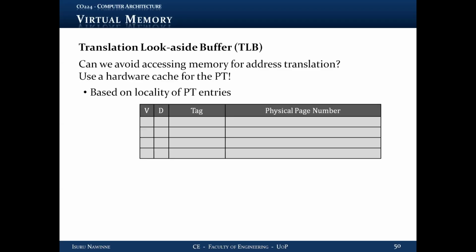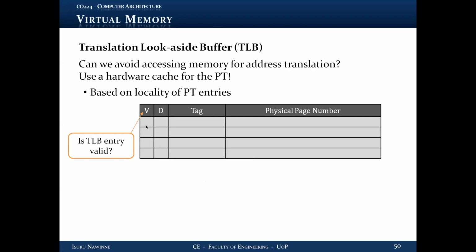So that is temporal locality and spatial locality. It is available in the page table access patterns as well. So the TLB is based on those locality principles of page table entries. When the CPU wants addresses translated, it goes to the page table, and based on those access patterns, some entries can be kept in the TLB. So the majority of the page table accesses can actually be served by the TLB instead of going to the memory for that. That is the idea, right?